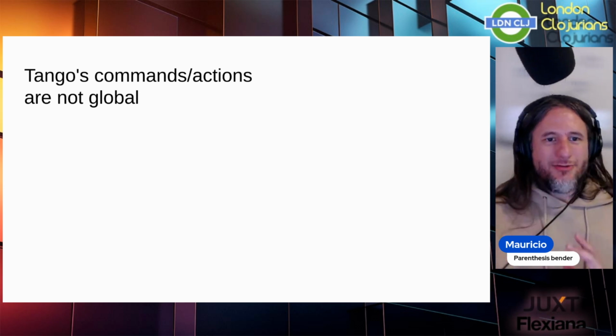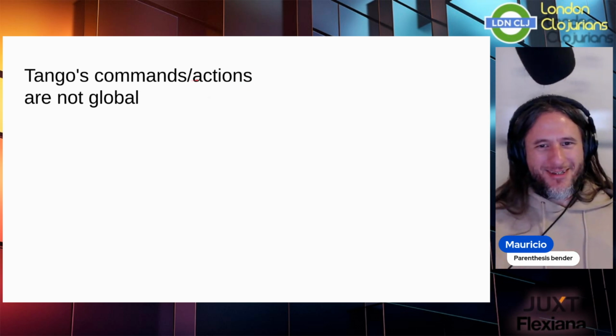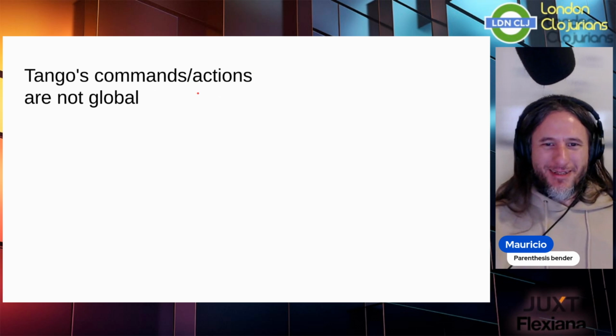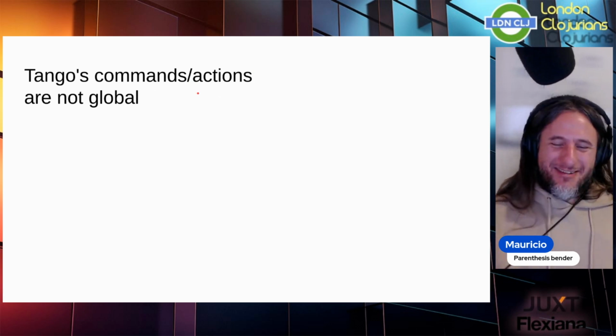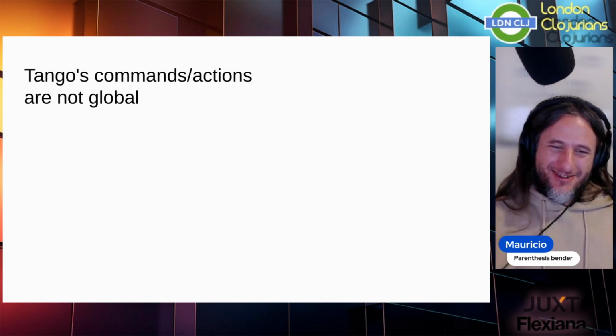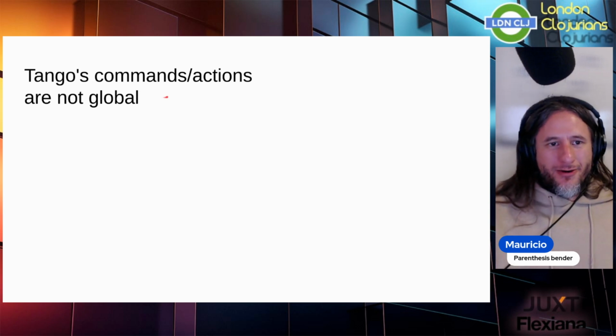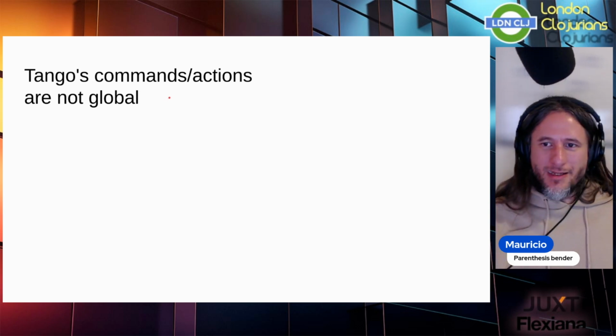So I kind of had to dance Tango, pun not intended, but welcome anyway. So yeah, I had to do some kind of work and dance to get everything together and not have anything globally defined, so that the web view could access or could patch stuff when it needed.